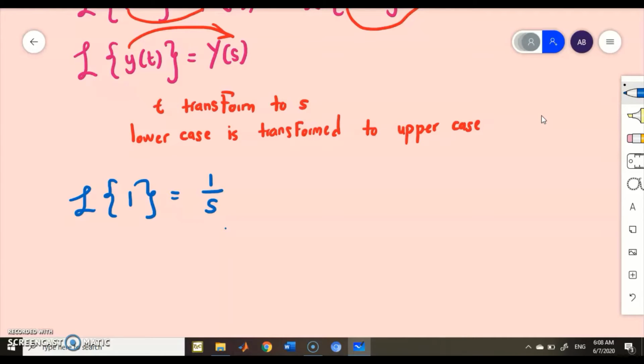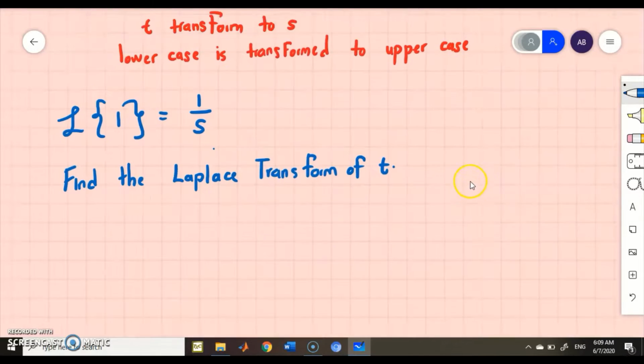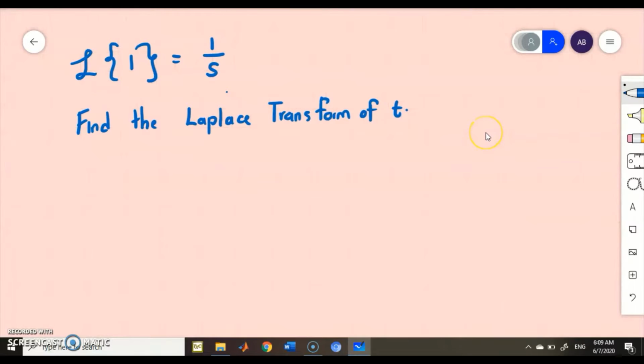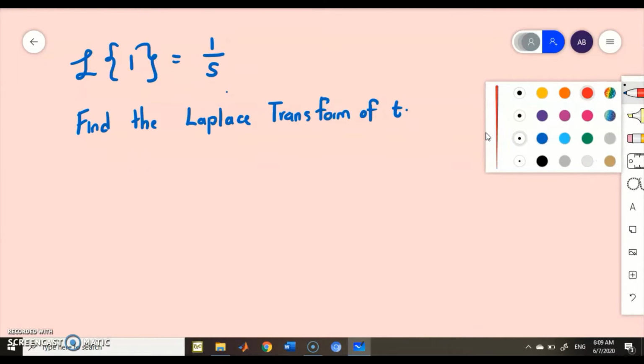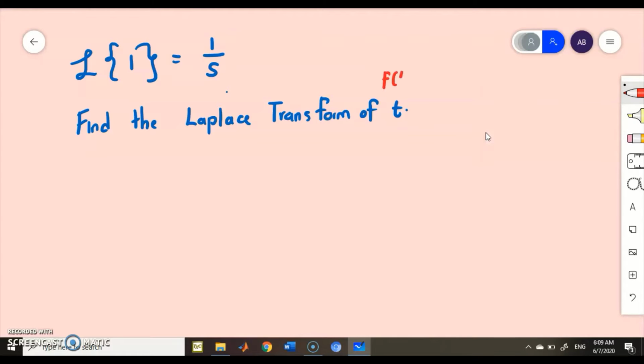Let's look at a few more examples. Find the Laplace transform of t. Here our f(t) is t.